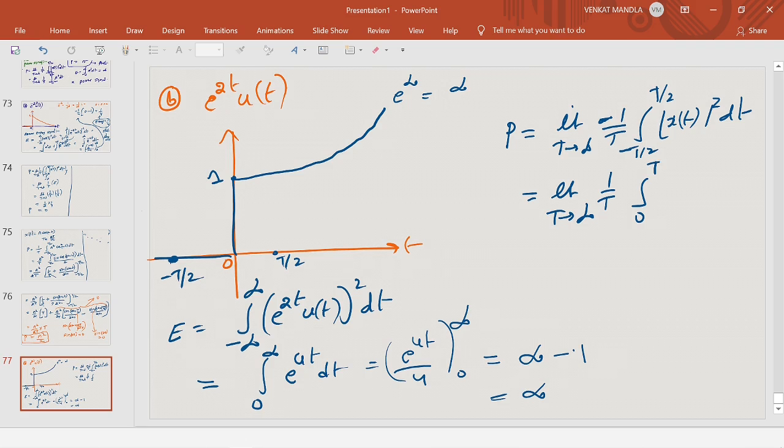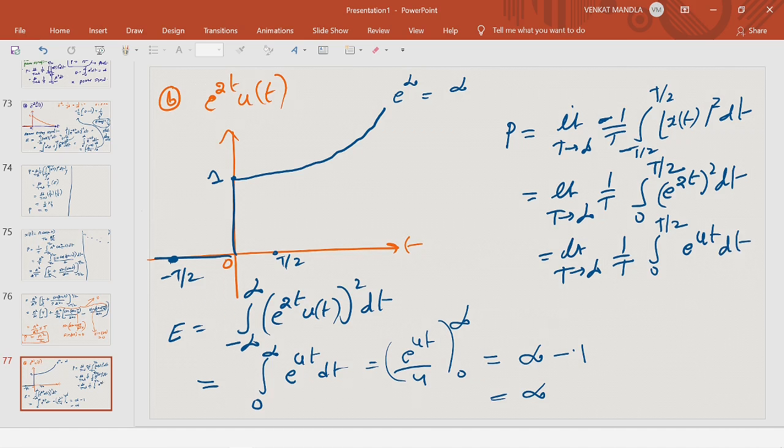From 0 to T by 2 we have the signal e power 2t into u of t, and the value of u of t is 1 for 0 to T by 2. Whole square dt. So limit T tends to infinity, 1 by T, integral of 0 to T by 2 of e power 4t dt.